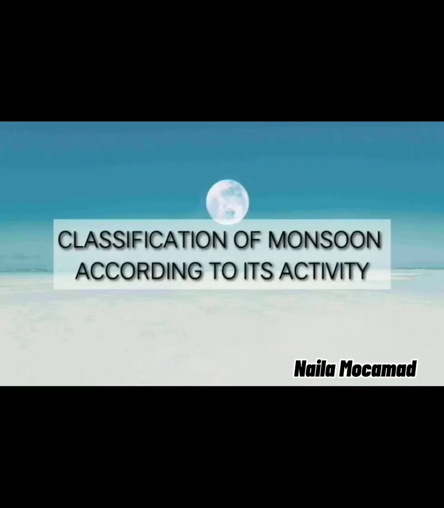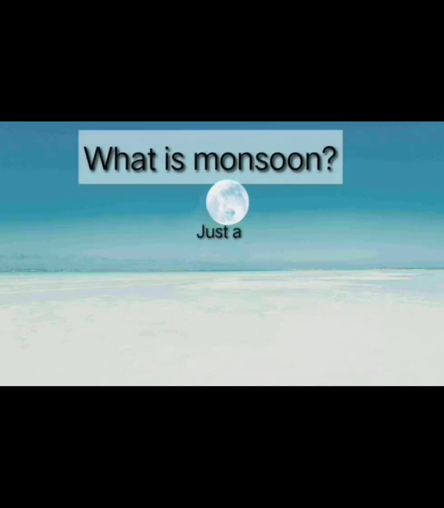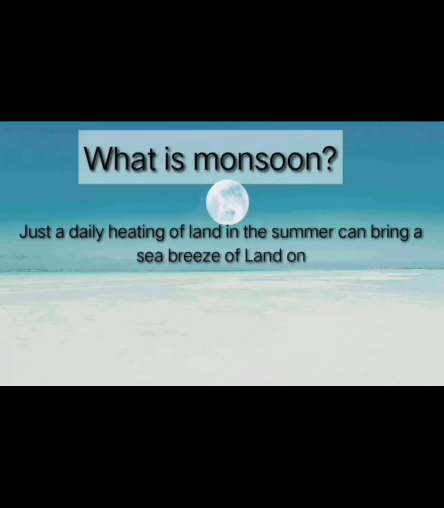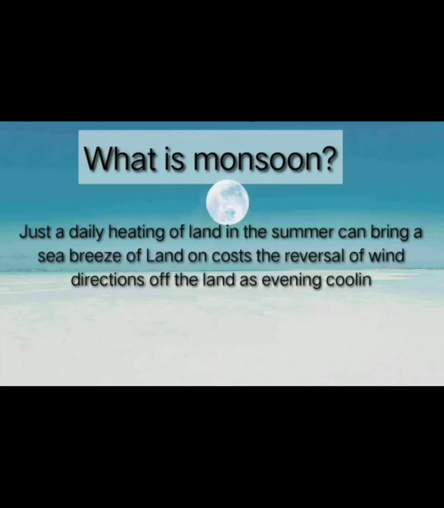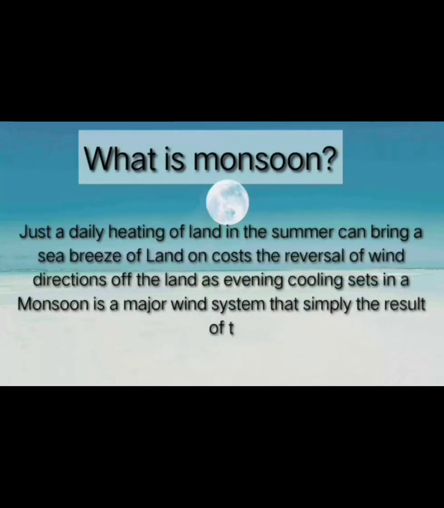Classification of monsoon according to its activity. But before I proceed to the main topic, let us first define what is monsoon. A daily heating of land in the summer can bring a sea breeze on the coast, the reversal of wind direction over the land.